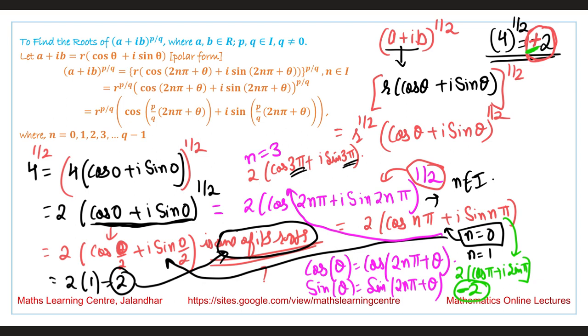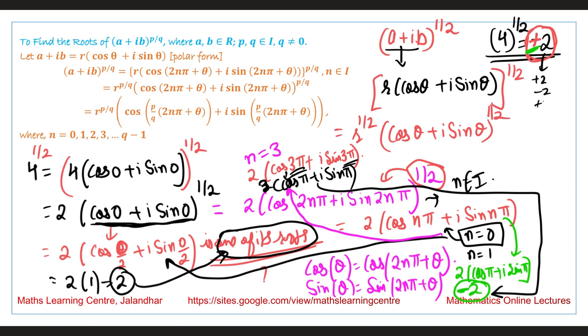So to convert it to the principal value, the answer will again be 2 times cos of pi plus iota sine of pi, which again gives minus 2. So we are getting the answers plus 2, minus 2, plus 2, minus 2 if we substitute the values of n belonging to I.